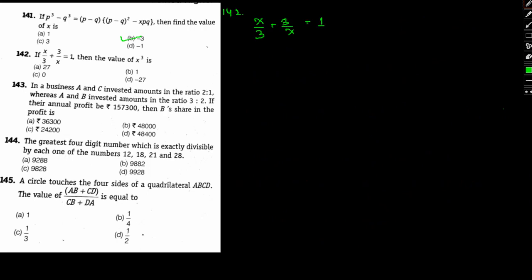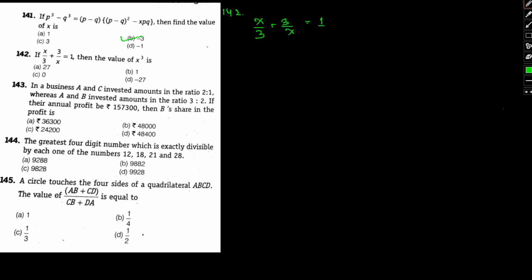Okay, x by 3 plus 3 by x equal to 1. Now we need to find the value of x cube. So okay, let's go about and solve the same.